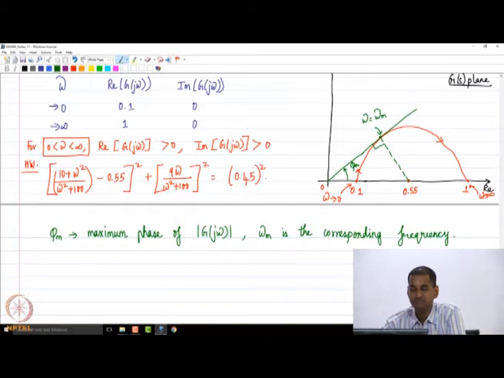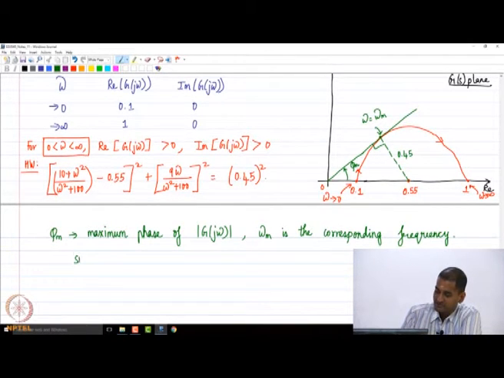What is sin phi m? This is 0.45. So we notice that sin phi m is going to be 0.45 divided by 0.55. Can you calculate phi m and tell me?